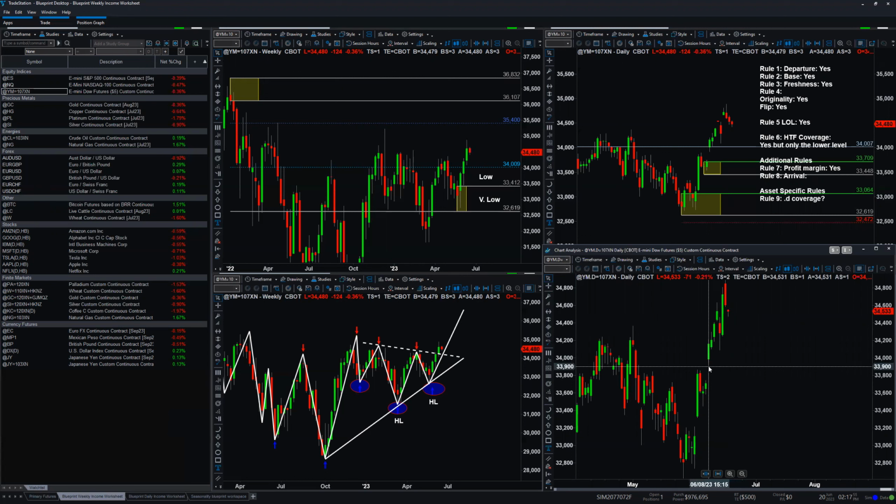So if, for example, let's say I saw a level right here, then this wouldn't be an institutional level because it's based within a gap here on the .D chart.